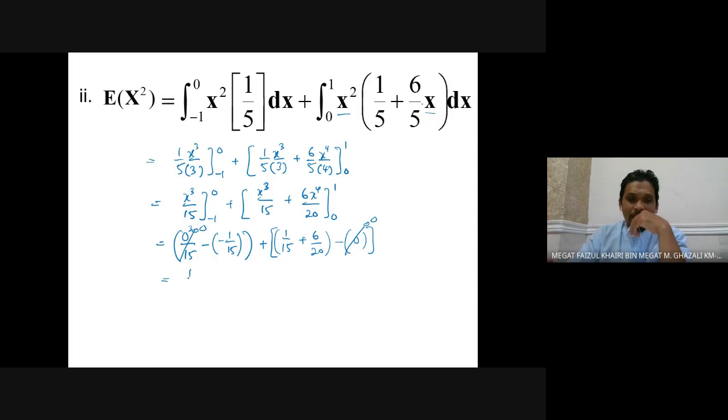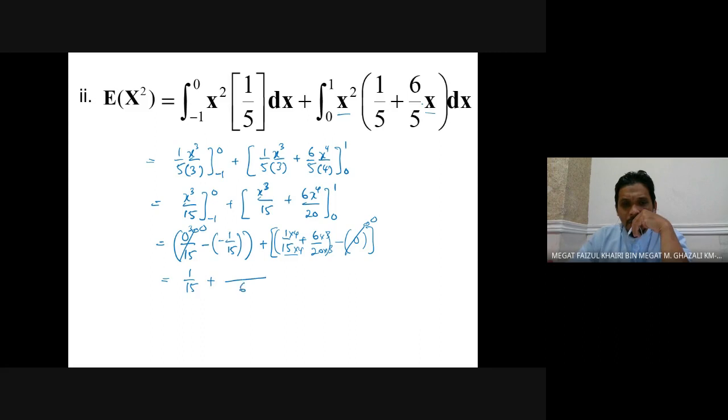Negative times negative, positive 1 over 15 plus 6 over 20. 15 times 4 equal to? Class, 15 times 4 equal to 60. 20 times 3 equal to 60.